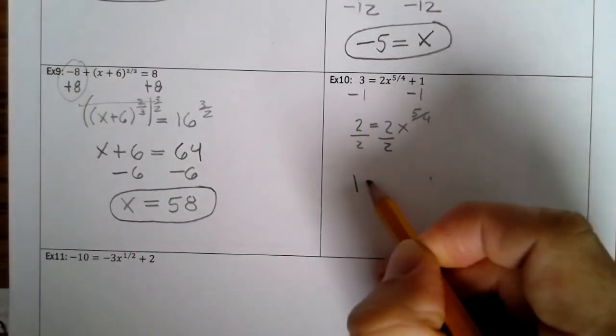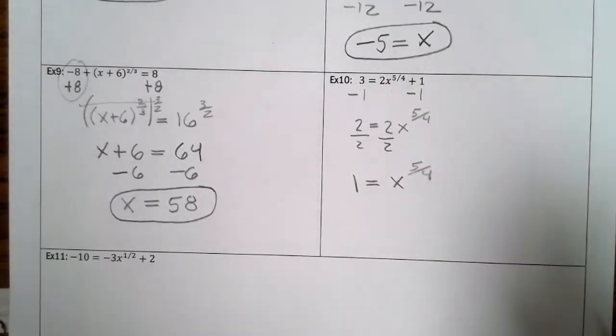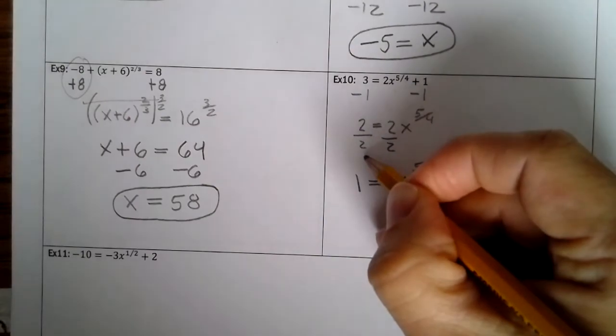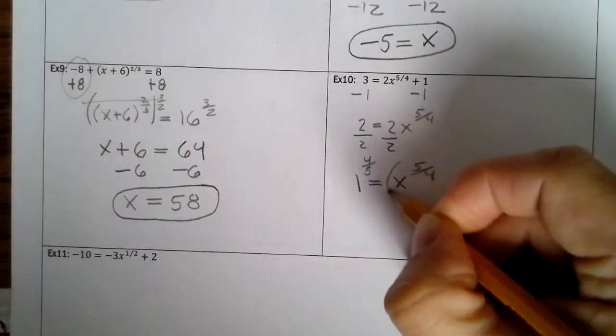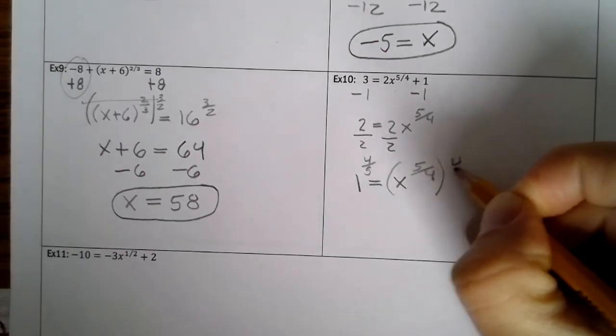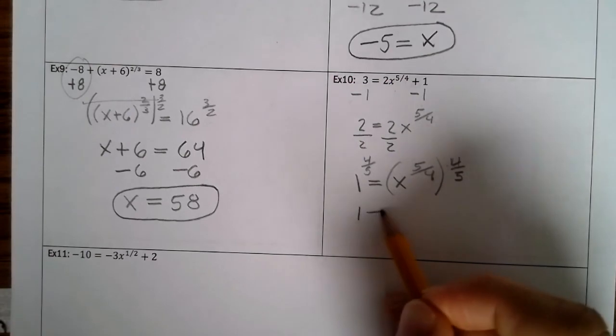We need to raise this to the 4/5 and this to the 4/5. 1 to the 4/5 power is 1. And then that becomes 1, so x equals 1.